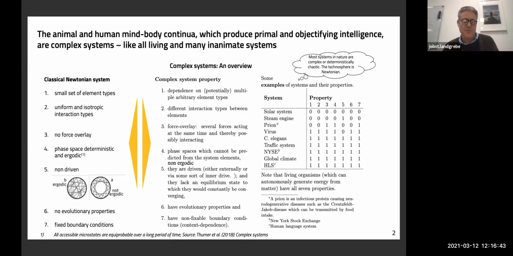A good example for a new element type is a cancer growing in a human being. And they have non-fixable boundary conditions, so they're context dependent. You cannot take a complex system out of its context and imagine that it will still function in the same way that it functions in its natural context.